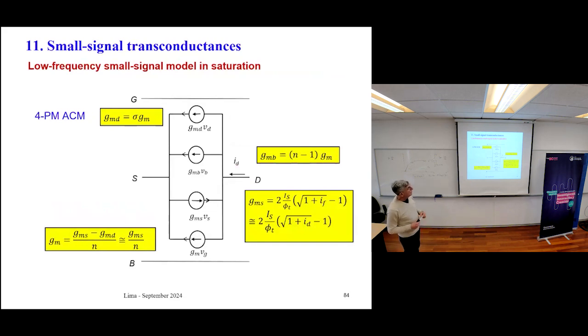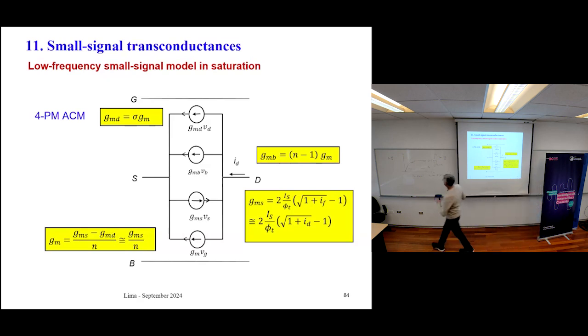In saturation for any case, we have these expressions here. GMD is sigma times GMS. Well, GMS is a function of the inversion level. And in saturation, the inversion level is equal to the normalized drain current.